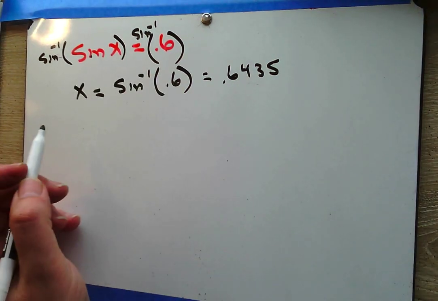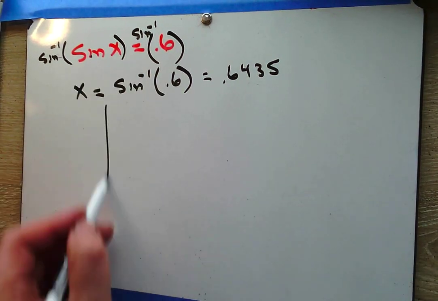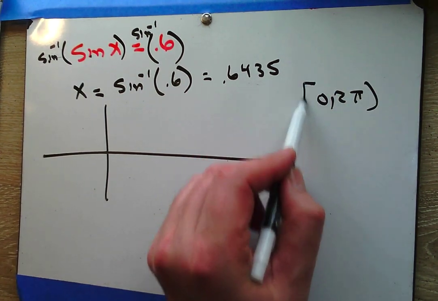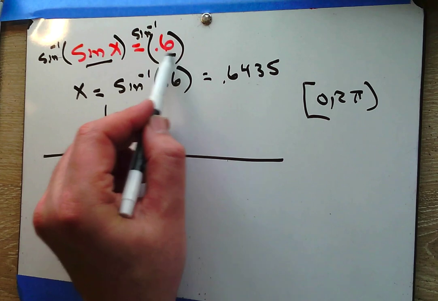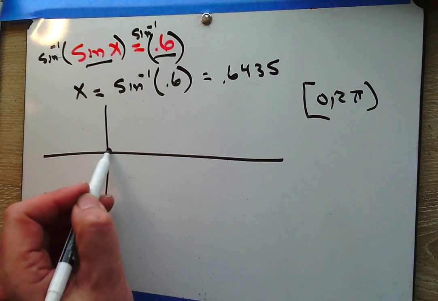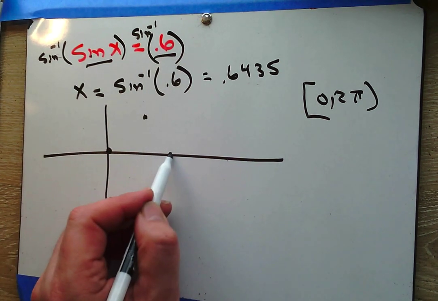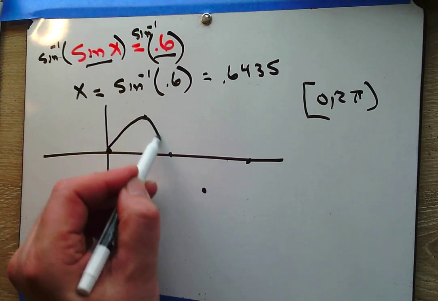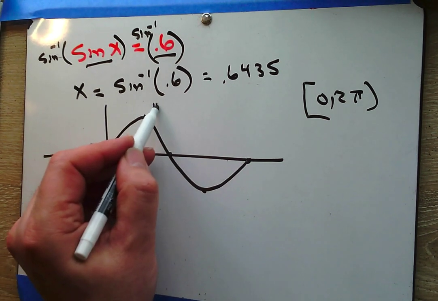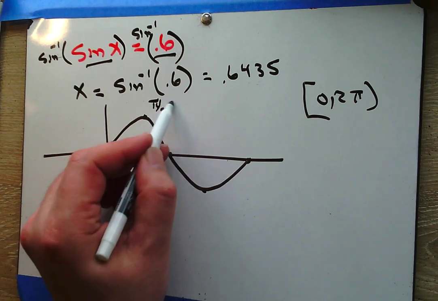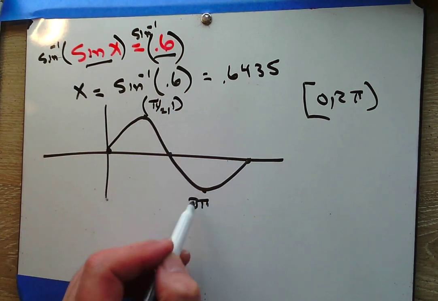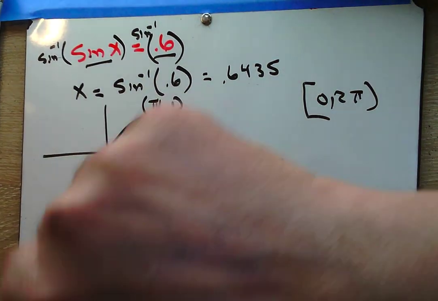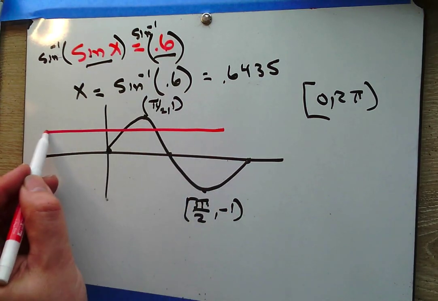Okay, and that seems like a decent answer. Why not? Well, let's think about this graphically again. On 0 to 2 pi, how many times will sine be positive 0.6? Here's pi over 2, 1. Here's 3 pi over 2, negative 1. The line y equals 0.6 is about here.